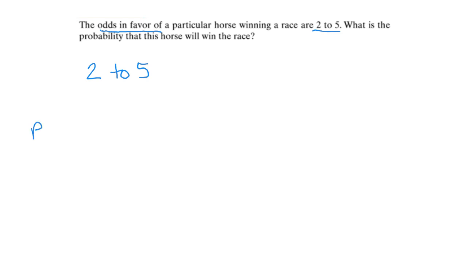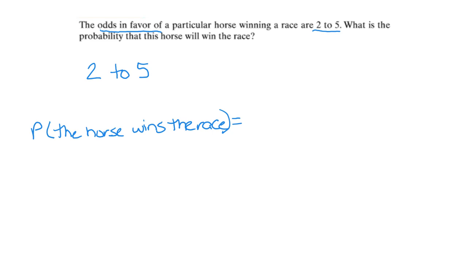So let me write this out. The probability of the horse winning the race is what we're looking for. So let's define our A and our B from the odds.